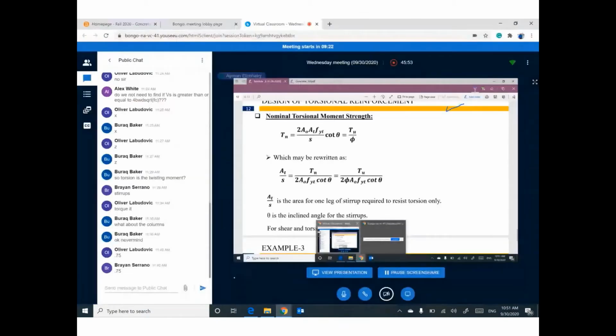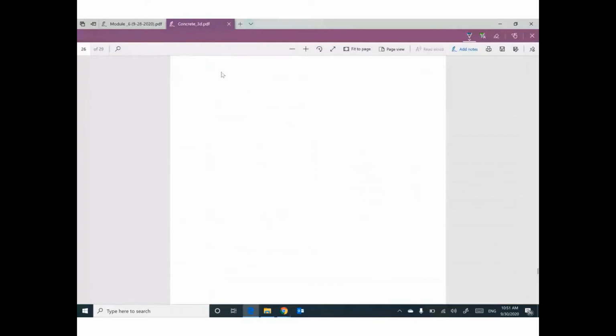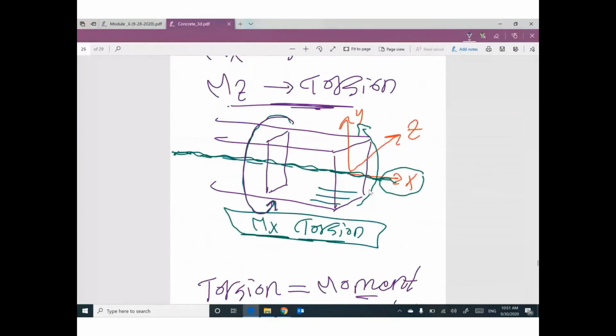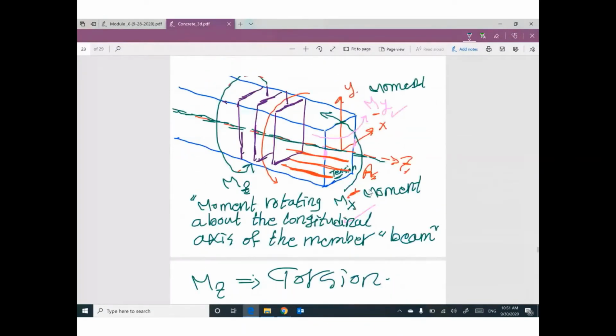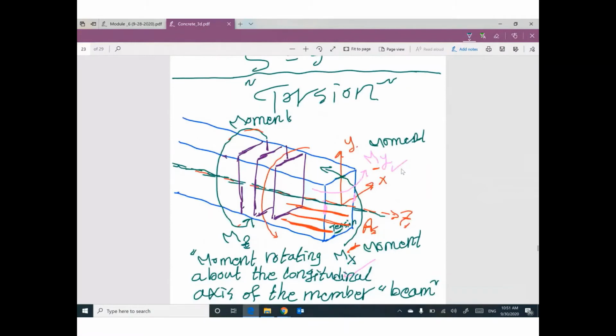Guys, I would like you to understand few concepts from this topic. The most important concept, what is the meaning of torsion? What is the difference between torsion and the regular moment? Actually, both of them are moments. Both of them are force times distance.